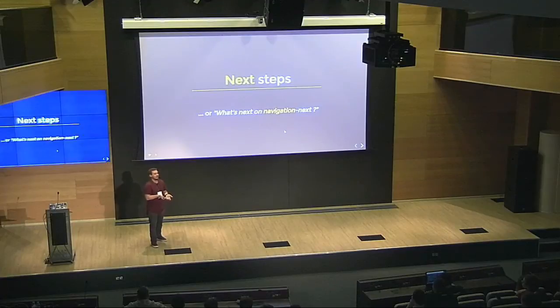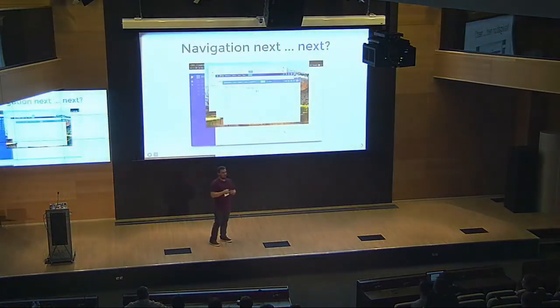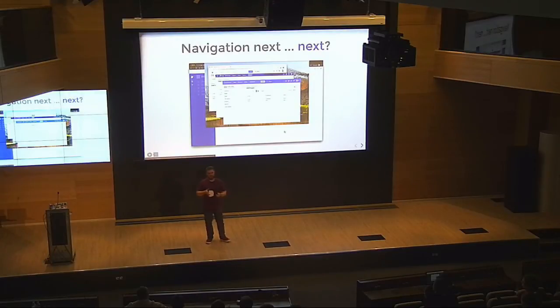And next steps for this are something that we're still figuring out, but we have a few ideas. One thing that we're doing right now actually is validating a new way for users to find anything in Jira and Confluence and all the products, which we are calling Navigation Next. And it's pretty much, if you look around and see, okay, we already moved to a new navigation, why are you doing this again?